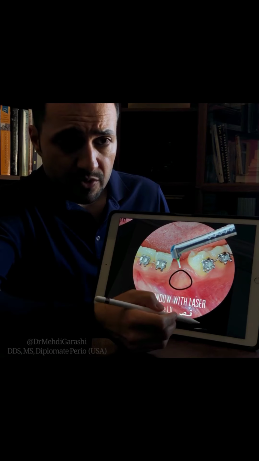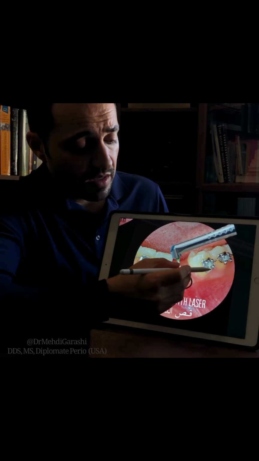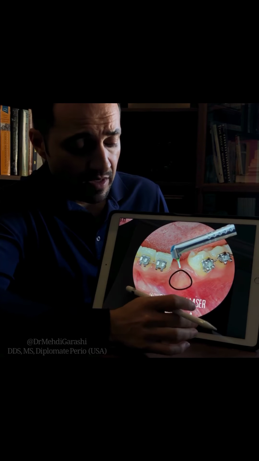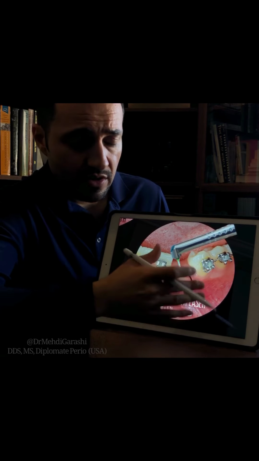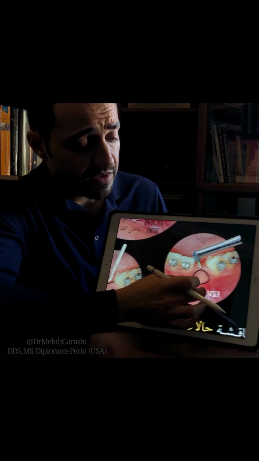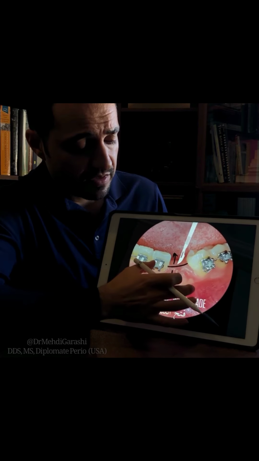And then we're going to have a mucogingival problem here because we're going to have a canine with mucosa. That's not something we want to create. That's going to cause problems in the future for the patient. It's going to be sensitive to brush and it's going to cause other problems. So this technique, the window technique, in my opinion, is not a good approach for this case.